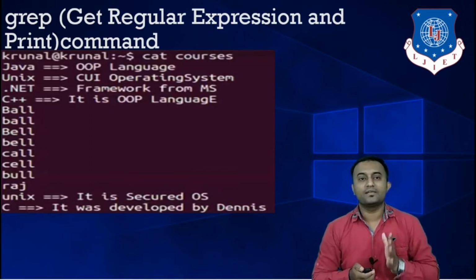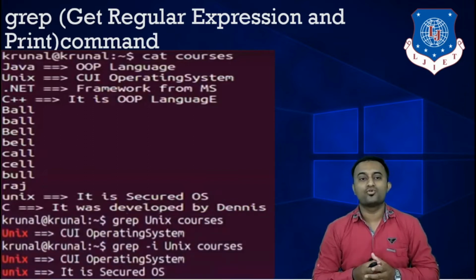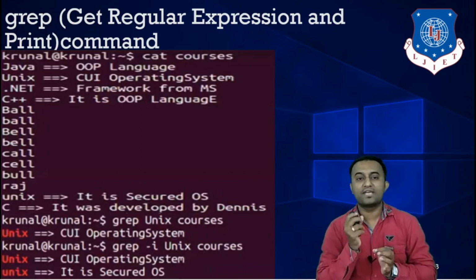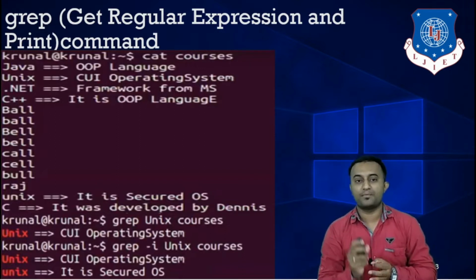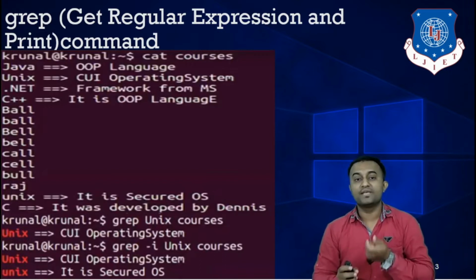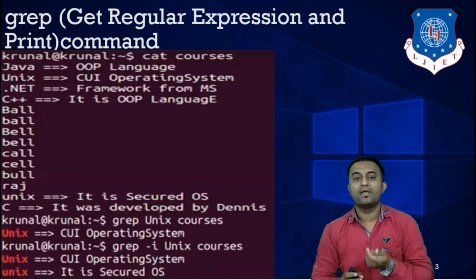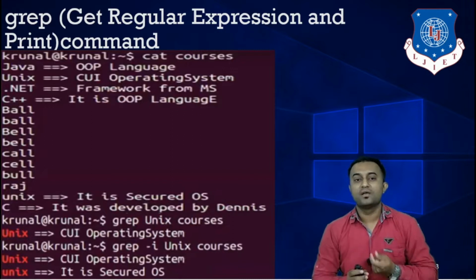Once we created this file and displayed it, now I am going to use the grep command. You can see in the second snapshot, I have used grep. Grep is a command, basically used for searching purposes. Space Unix, in which the first letter U is capital and the rest, nix, is written in small letters.